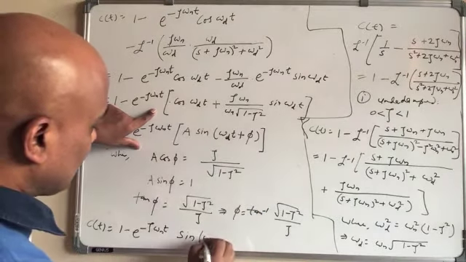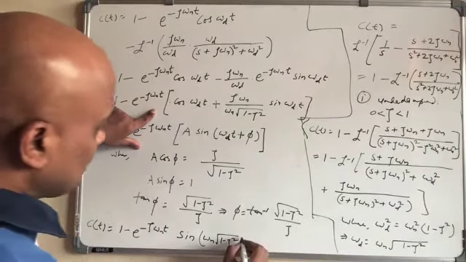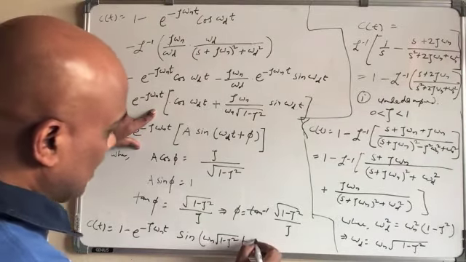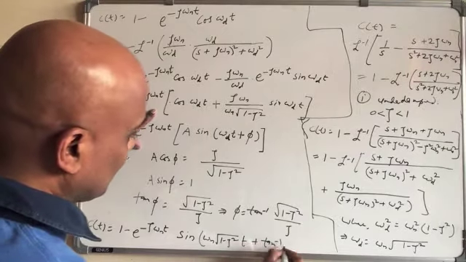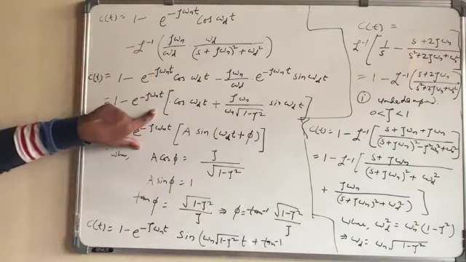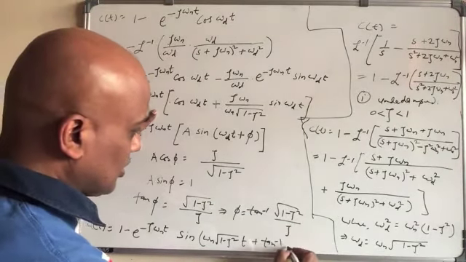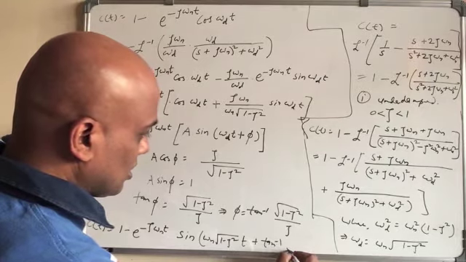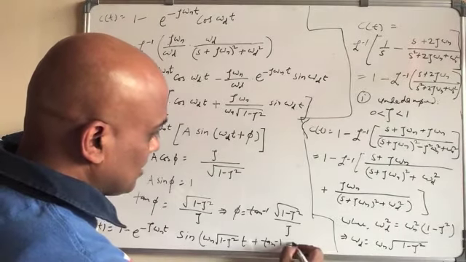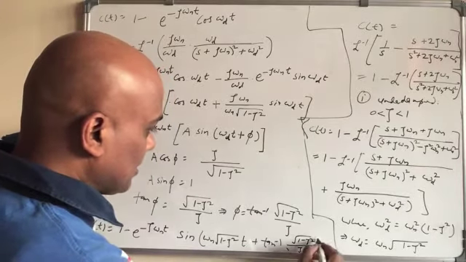So omega d is nothing but omega n root 1 minus zeta square, and the phase is tan inverse of root 1 minus zeta square over zeta.